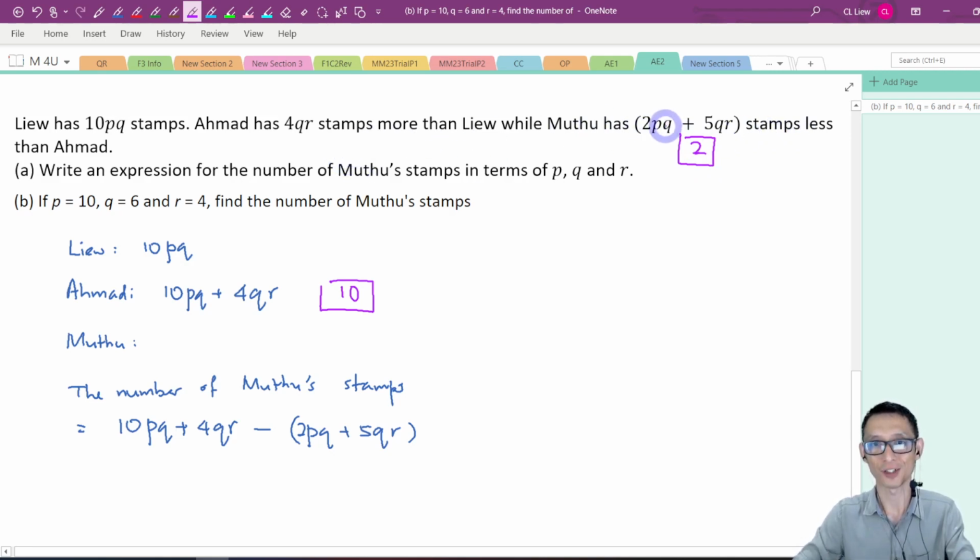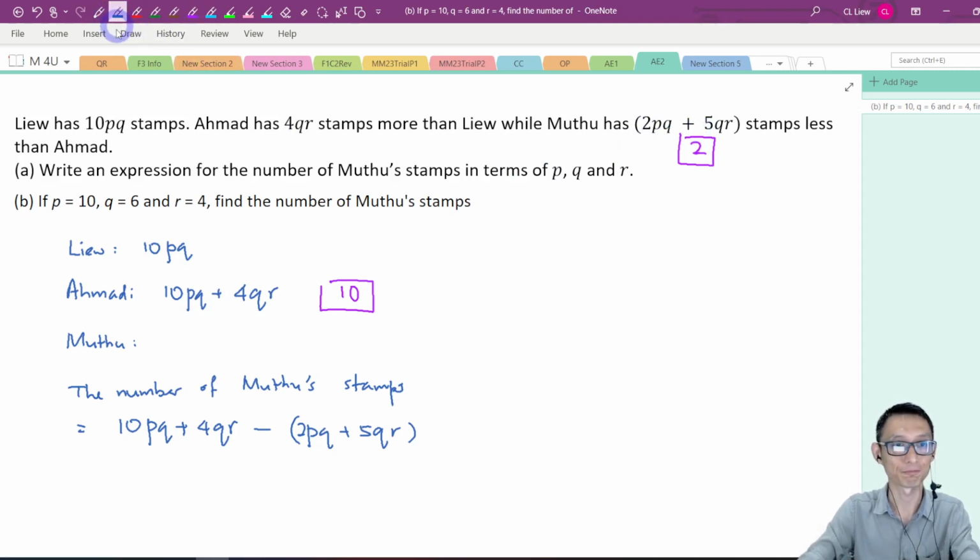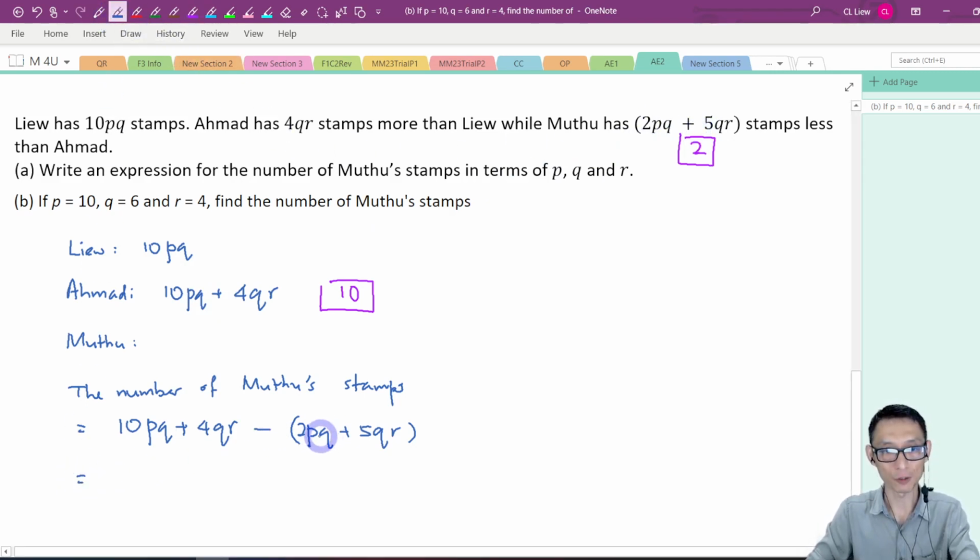You know the answer. Mutu has 8 stamps, right? How do we get 8? We take 10 minus 2. So the same thing applies here. Since Mutu has this amount of stamps less than Ahmad, we take this one minus this one. Now we open out this parenthesis.